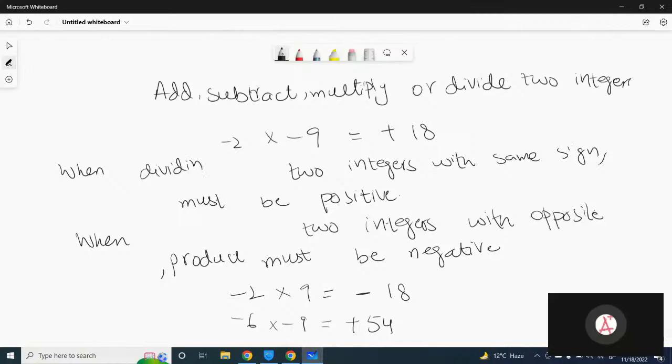When dividing two numbers with the same sign, the answer must be positive. When dividing two numbers with opposite signs, the answer must be negative. Got it? So basically, the rules for multiplying and dividing integers are the same. Got it?